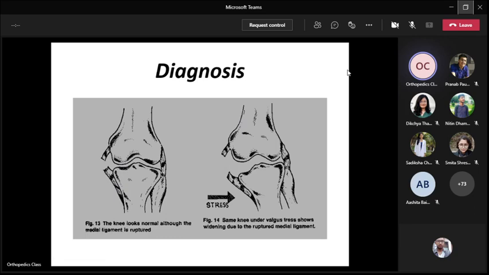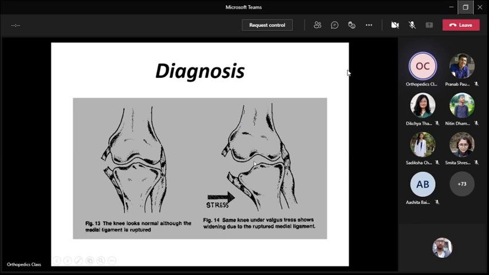Though there is no bone injury, the X-ray looks normal, you will discharge the patient, okay, it is fine, nothing has happened to you. But simply by doing the stress test, he has given a valgus stress test and see this ligament, the medial collateral ligament, this is the lateral collateral ligament, the medial collateral which is ruptured over there, has given way. And now, if you do the X-ray, this is the picture.